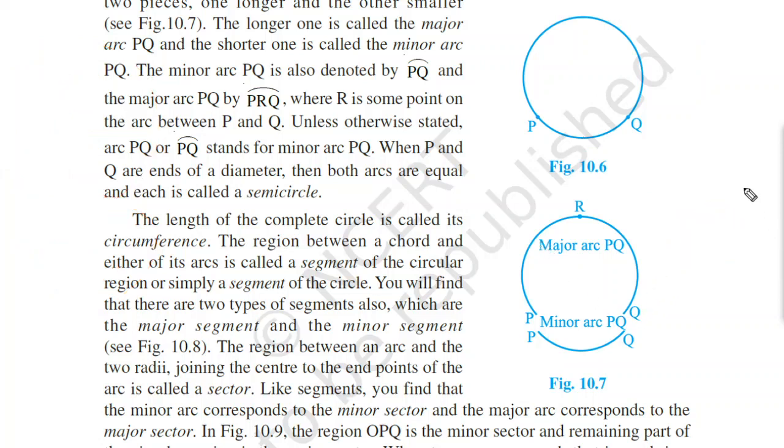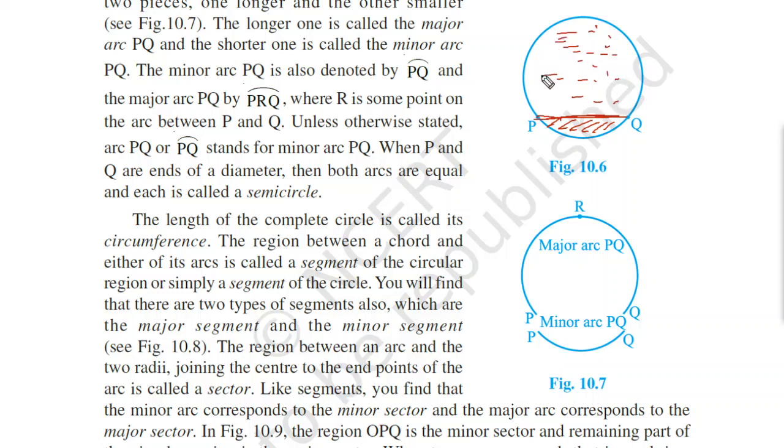Okay, one more thing. Suppose in a circle you are drawing a chord. So PQ is a chord. Now this chord is dividing this circle into two parts. Here this is a part, this is another part.